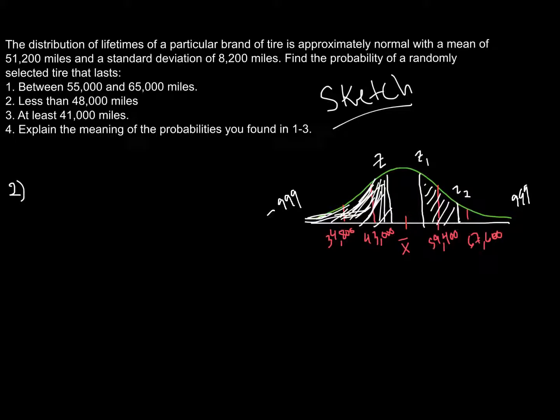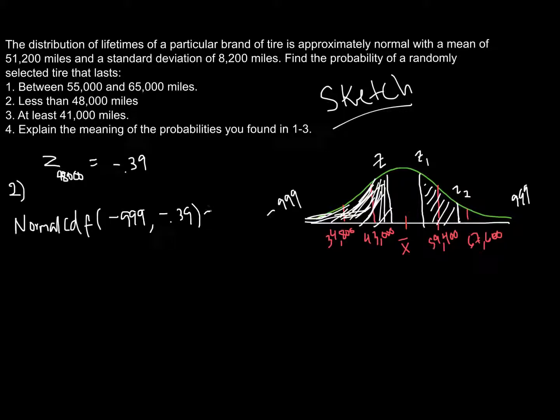And if I were choosing one far out to the right, I would use +999. And so what I can do is use the normal CDF to compute this area. The z-score for 48,000 is negative 0.39. My left-hand z-score is going to be negative 999. My right-hand z-score is negative 0.39.